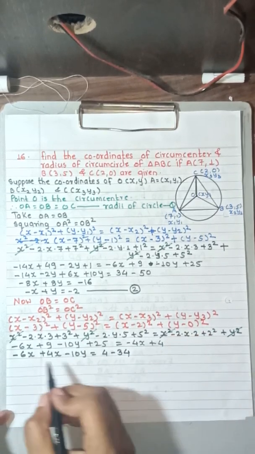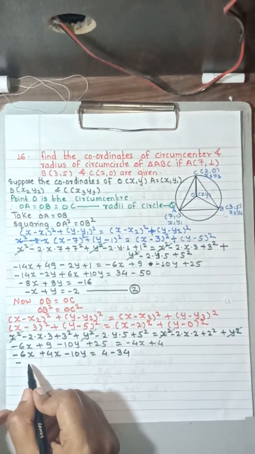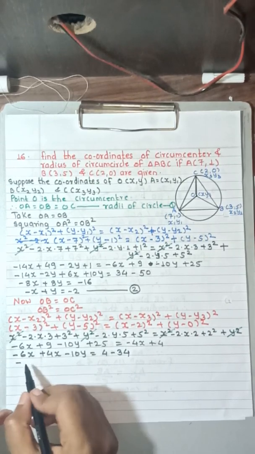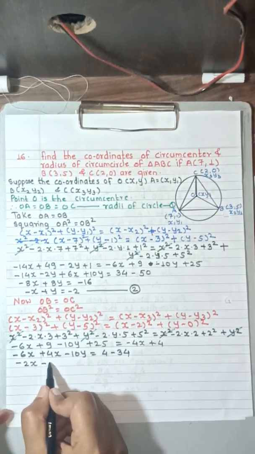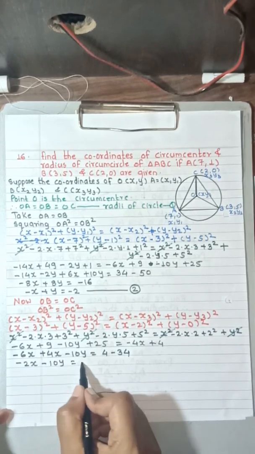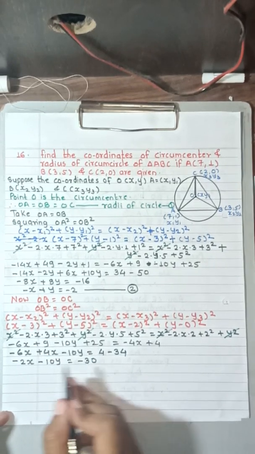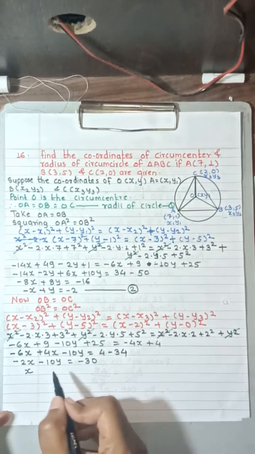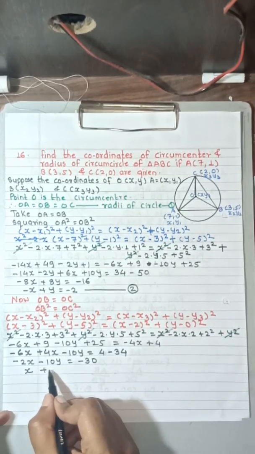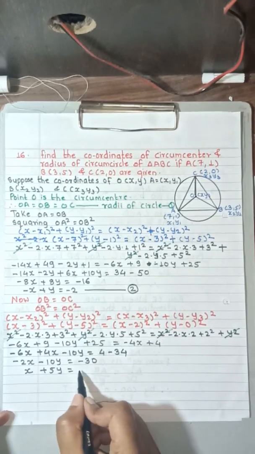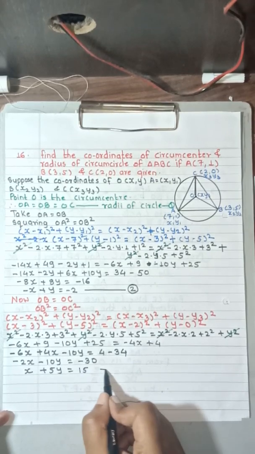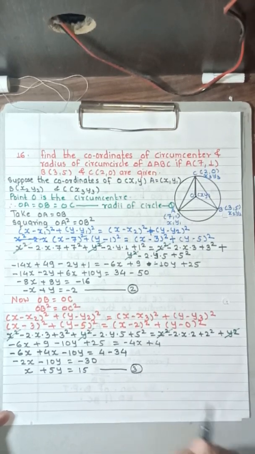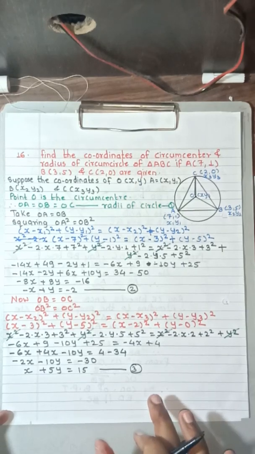Here you have minus 6 plus 4, that will be minus 2x minus 10y is equal to minus 30. So we'll divide by minus 2 over here. So this will be x plus 5y is equal to plus 15. This will be your equation 3.